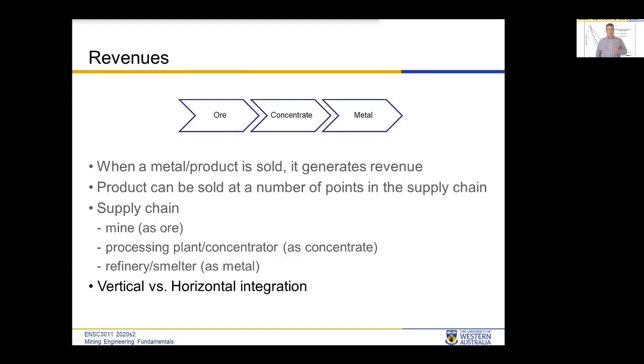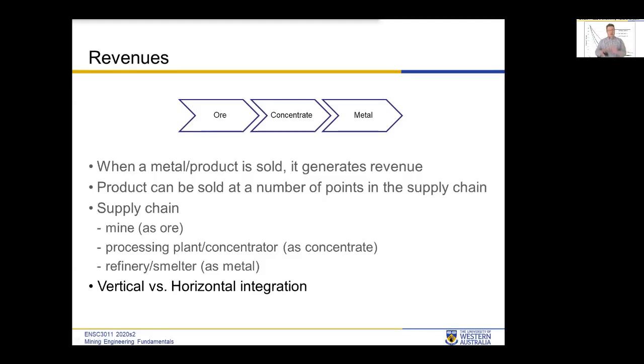Of course, that battery might then go into a Tesla car, so the end product is actually a Tesla car. So it sometimes gets a very long supply chain. But if you try and own all of that, so if Tesla tried to buy lithium mines so they could secure their supply of lithium, they would be vertically integrated all the way to the final car.